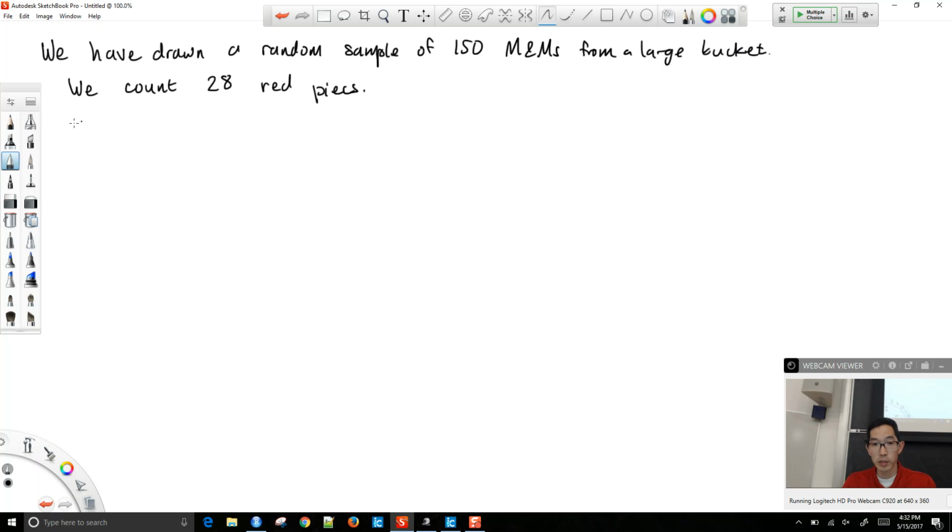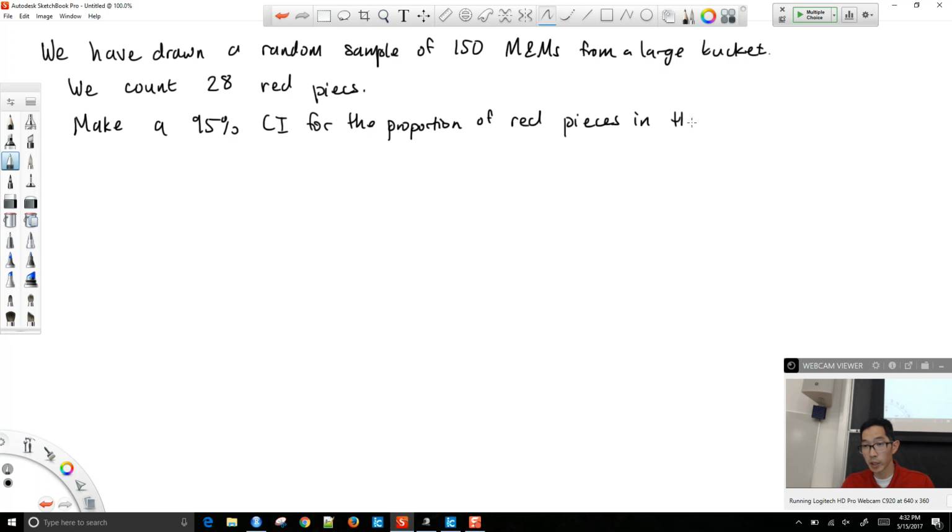I'm going to say make a 95% confidence interval for the proportion of red pieces in the bucket. So we're going for the population proportion, right? So make a 95% confidence interval.